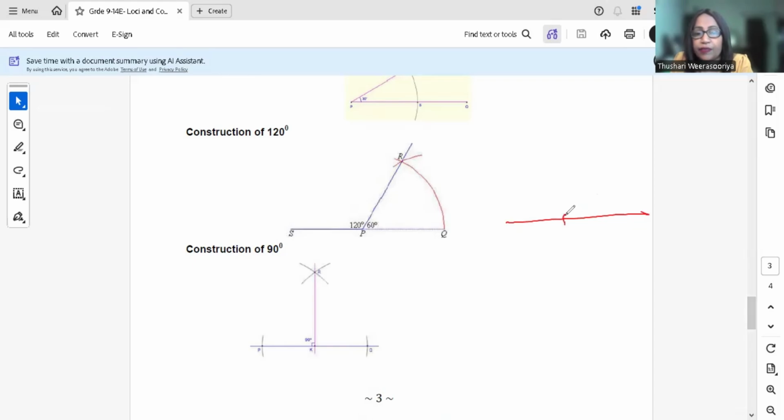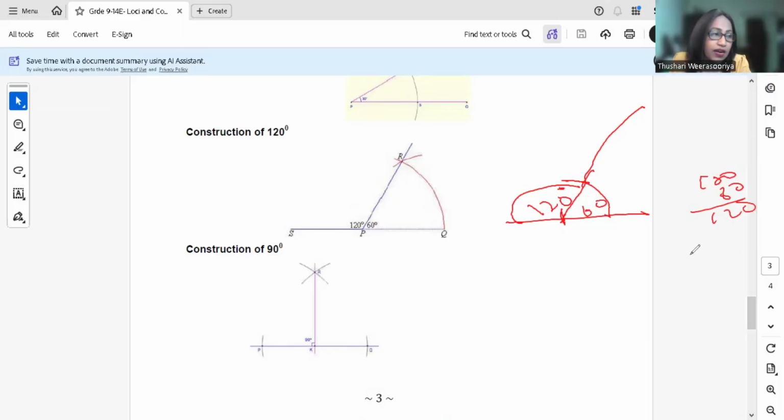Keep the compass point here, construct 60. Keep the compass point here, construct 60. This is 60. On the other side, the angle for a straight line is 180. 180 take away 60 is 120. Automatically, we are getting the angle on the other side. That is how you construct 120.